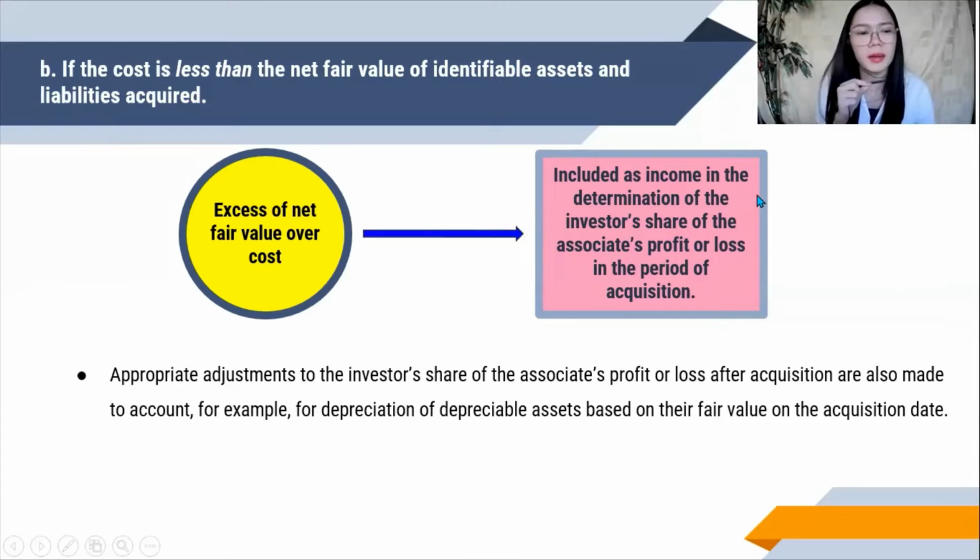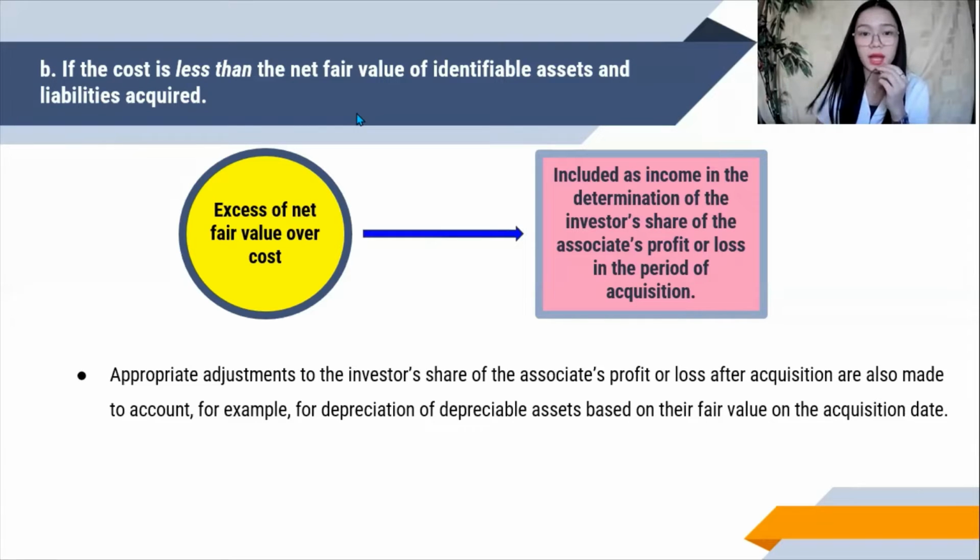So, bakit nga ba nagkakaroon ng ganong instances na kung saan mababa yung pagkakabili natin sa interest na na-acquired natin? So, kung kanina may tinatawag tayong goodwill or positive goodwill, of course, meron din tayong tinatawag na negative goodwill. Kabaliktaran siya nung yung mga attributes kanina na nabanggit natin. So, meaning, may mga negative attributes.